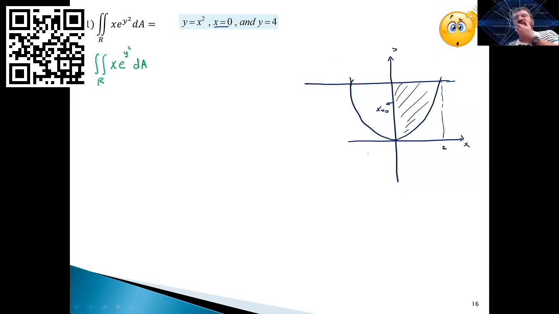Okay, so what I'm going to do is the following. If we set it to be region of type 1, what's going to happen? So this is equal to the integration of x e to the y squared dy dx, and x is from 0 to 2. Remember, the sector is going to be what?